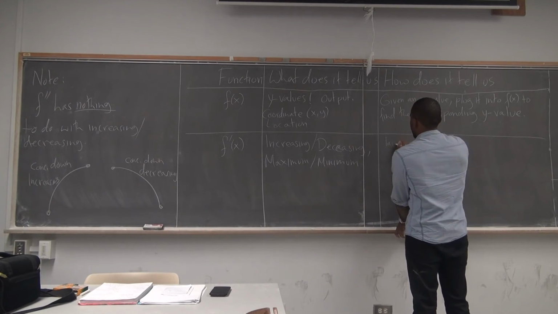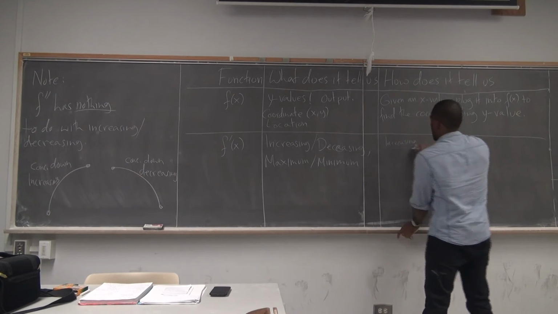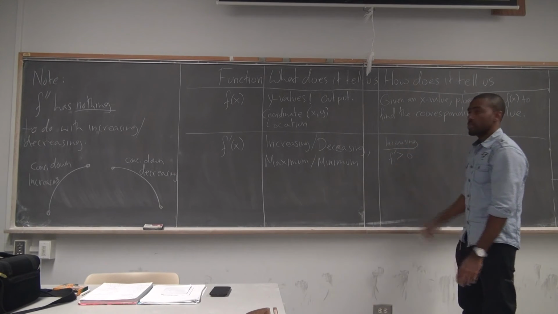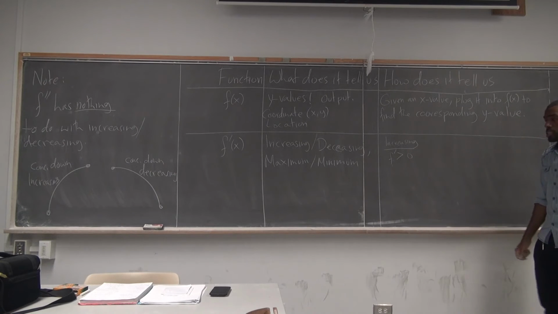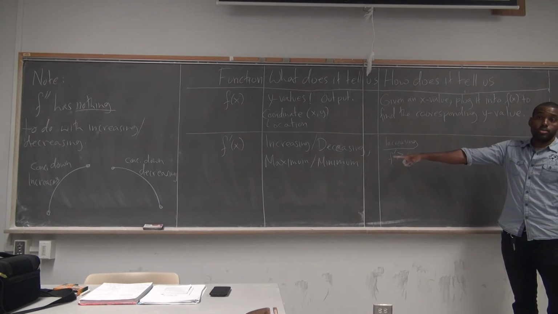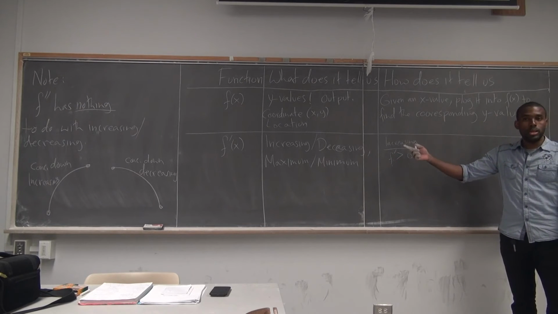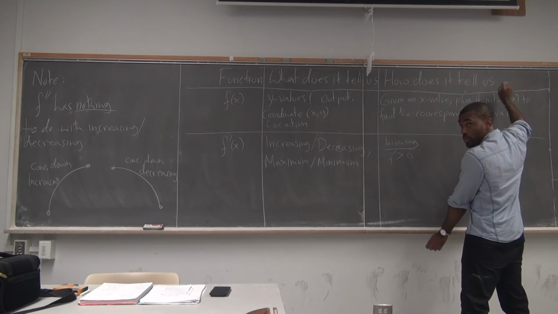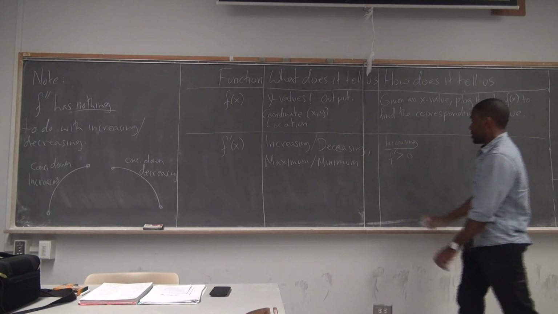Well, increasing means the first derivative gives you a positive number. If your first derivative is positive, it means your function is increasing, because the first derivative is the slope. If the slope is positive, you're going up as you move from left to right.